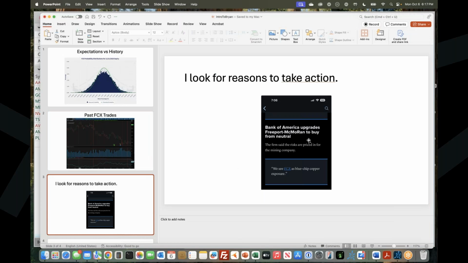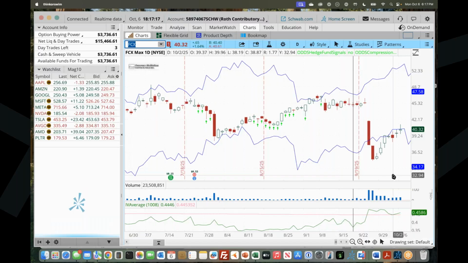This happened, right? Bank of America upgrades Freeport McMoRan from neutral to buy. So they determined that the stock has moved down sufficiently that it opens up, maybe it's value investing. You want to buy when it's cheap, right? And that makes sense. So right here at the end of this day, I see that they made that upgrade.